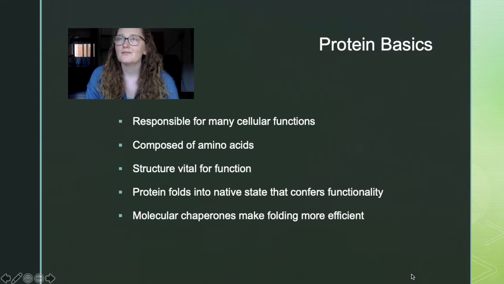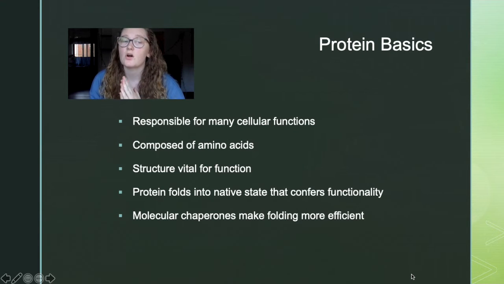And you can kind of think of protein folding like folding origami or a paper airplane or like one of those cootie catchers that you play with in elementary school, where every step has to be done in the right order and very precisely in order for the protein to fold correctly and for you to have the right product at the end. And that product is called the native state protein.